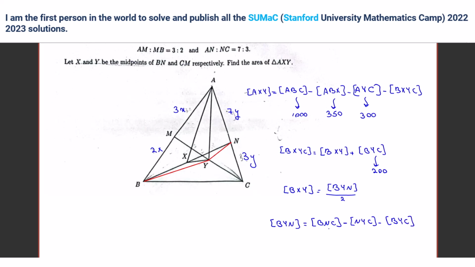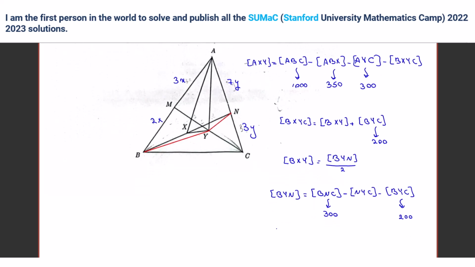Area of BNC is what? BNC is 300. Then minus BYC is what? BYC is 200. So we should only calculate NYC, right? Yeah, so let's look step by step. NYC, if you connect this, and because it is the midpoint.